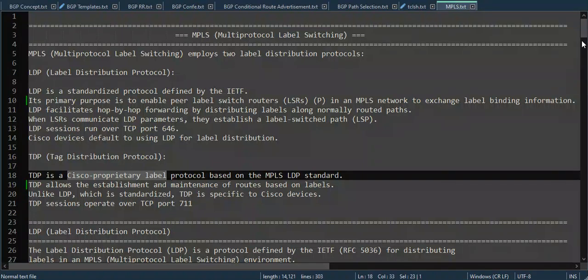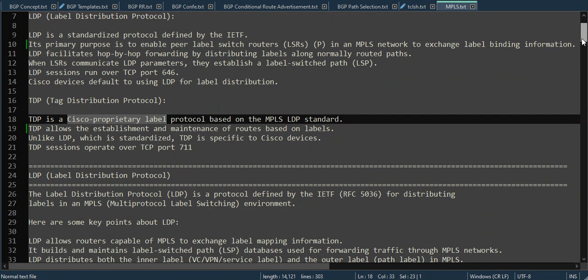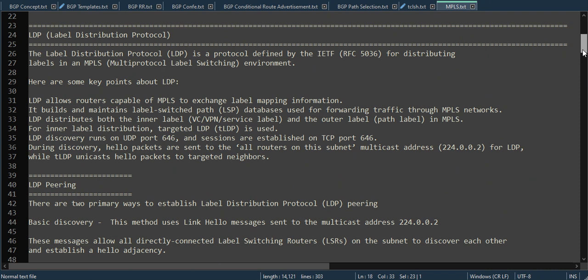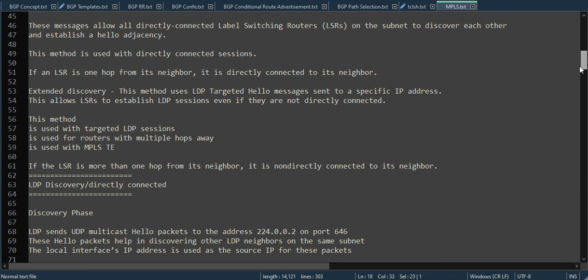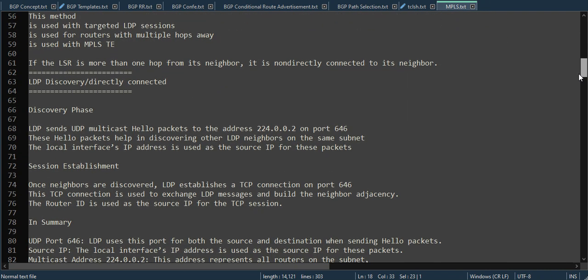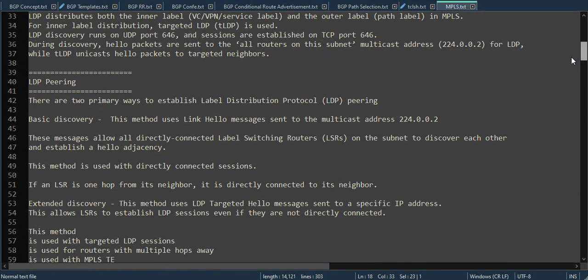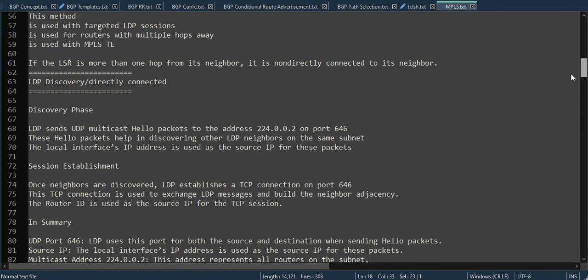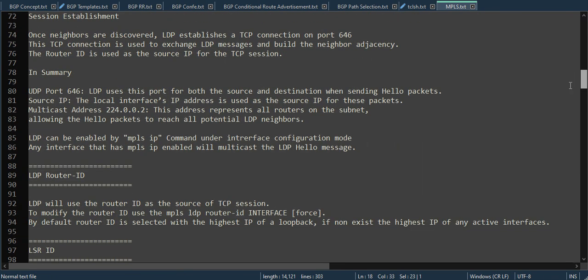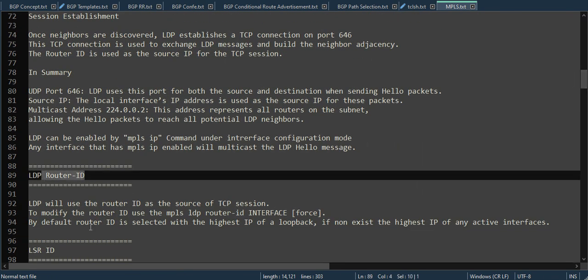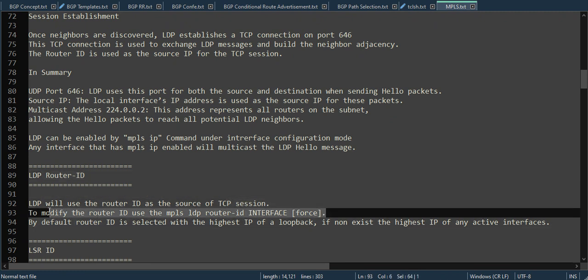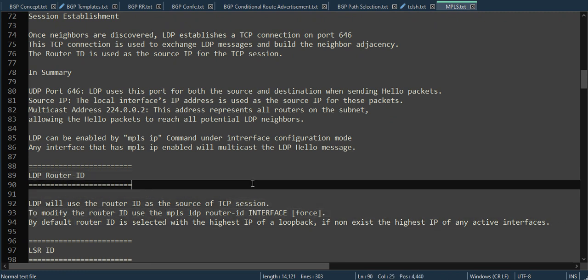Okay, before this I can set my LDP router ID. I can use the MPLS LDP router ID interface and force. I will set my LDP router IDs as loopback and compare this.